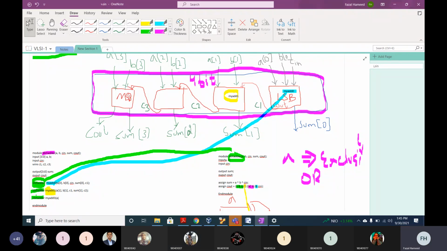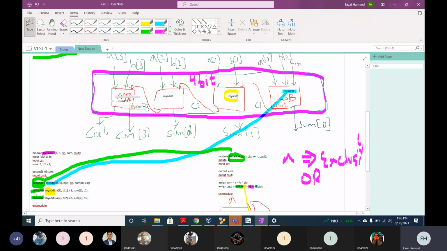So the input A2, B2, comma C2, comma Sum1, Sum2, and then C3. C3 is the output of this. So now we have instantiated another adder. My add 3. Now we need to instantiate another adder.